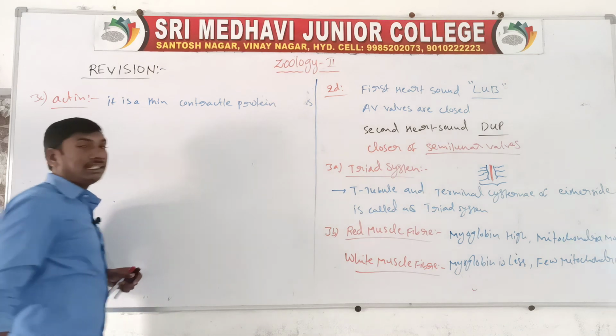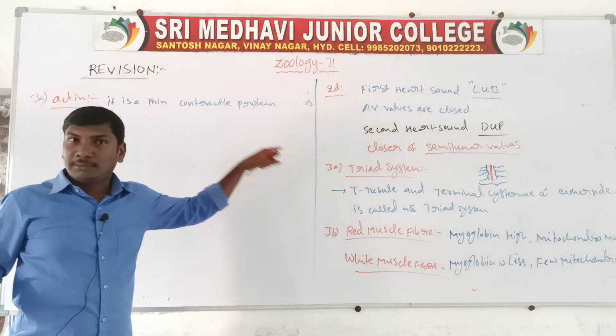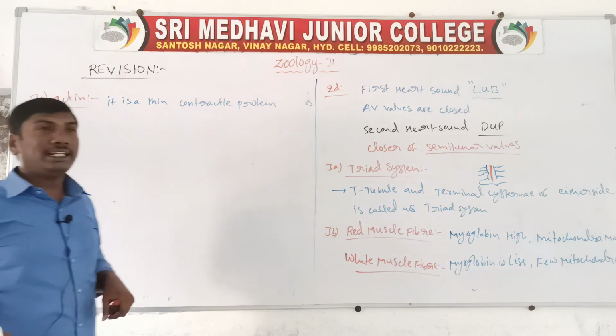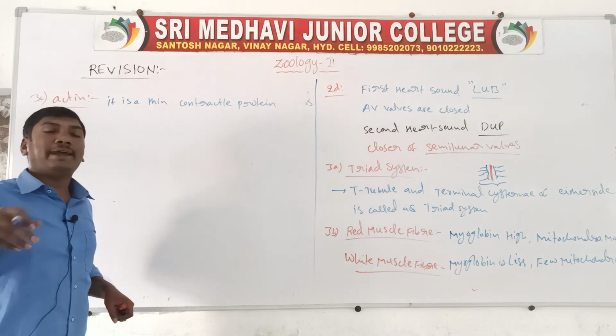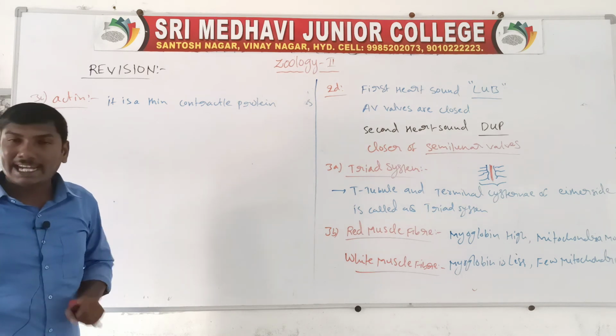It is present in the light bands of the muscle, the light bands and dark bands. So it is present in the light bands.